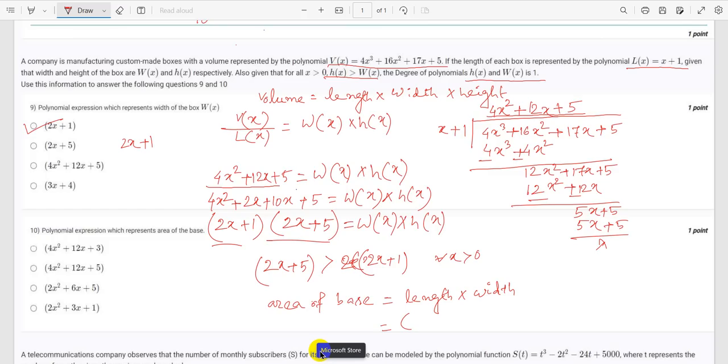The polynomial function of length is x plus 1 and the polynomial function of width is 2x plus 1. We get 2x square plus 3x plus 1. This is the polynomial function of the area of the base. Option number 4 is our right option.